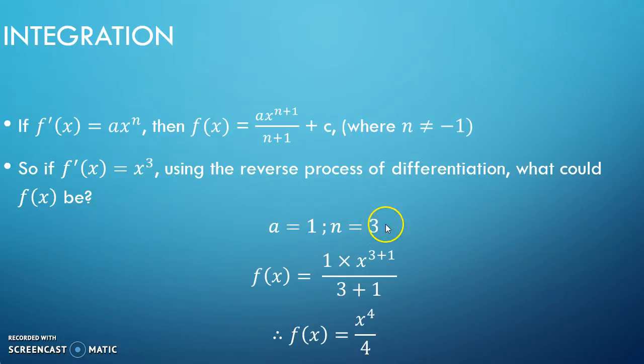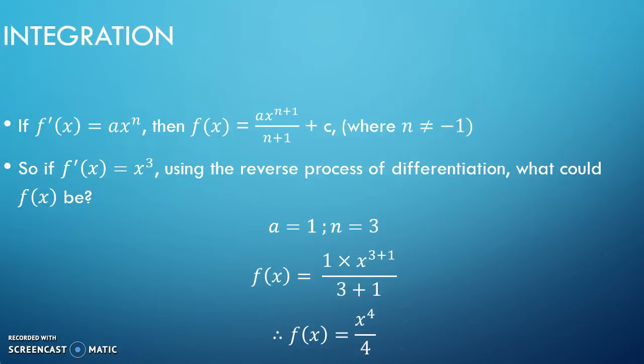So by using integration, applying this rule here, we're left with a, which is 1, times x to the power of 3 plus 1 divided by 3 plus 1. So our original function would be x to the power of 4 divided by 4. Now obviously there should be a plus c there as well.